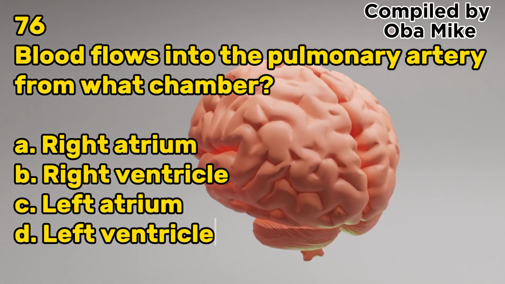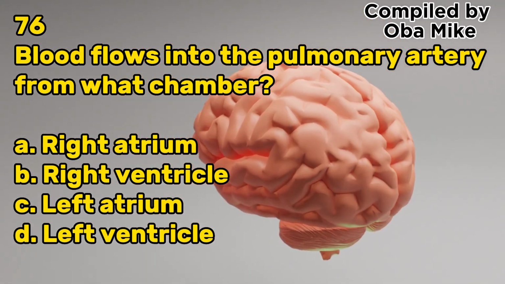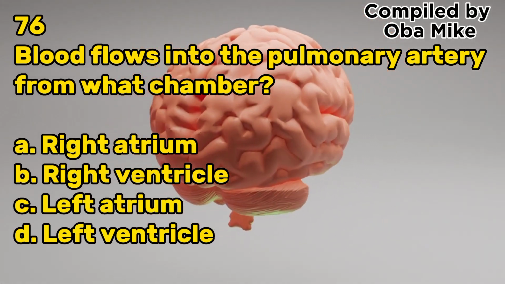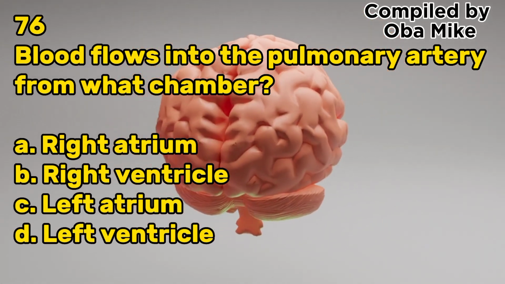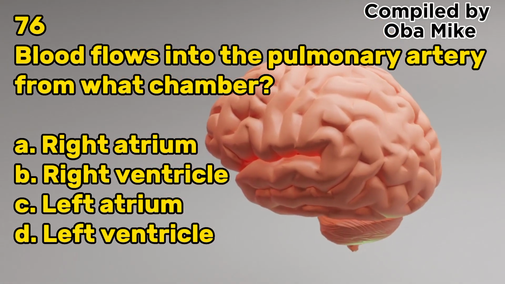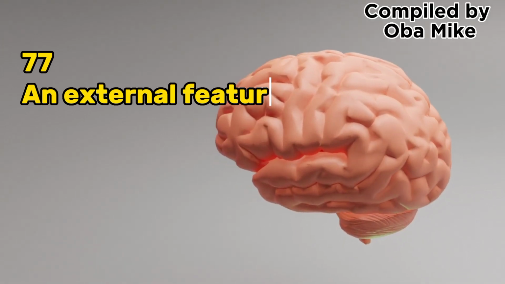76. Blood flows into the pulmonary artery from what chamber? A. Right atrium, B. Right ventricle, C. Left atrium, D. Left ventricle. 77.